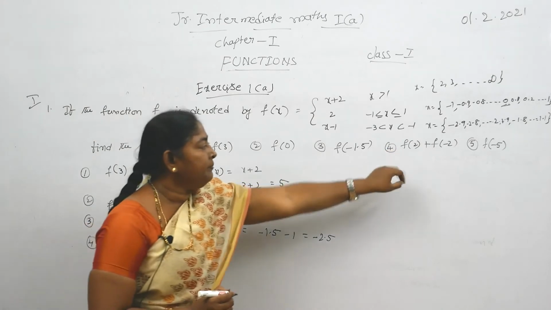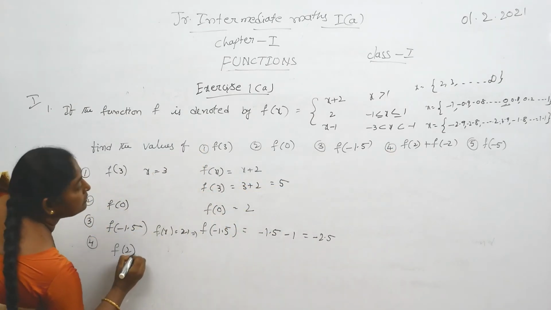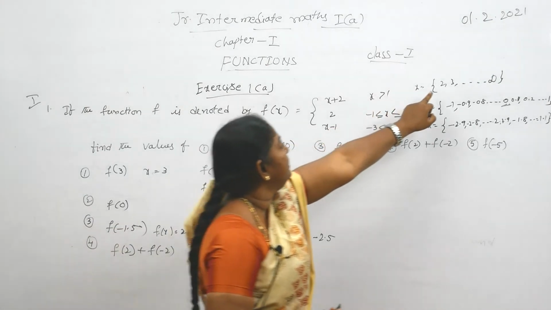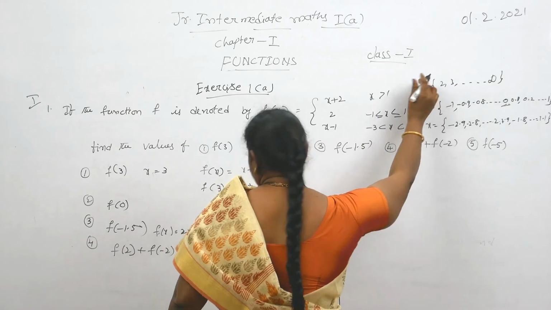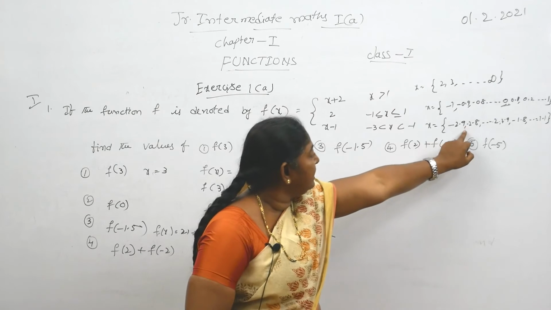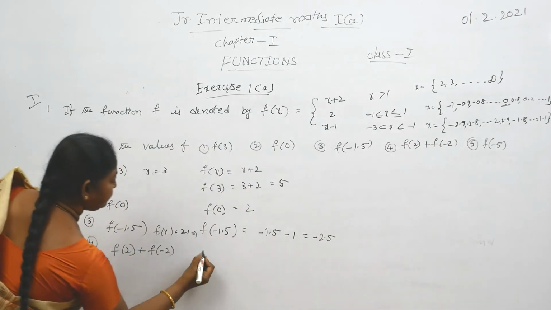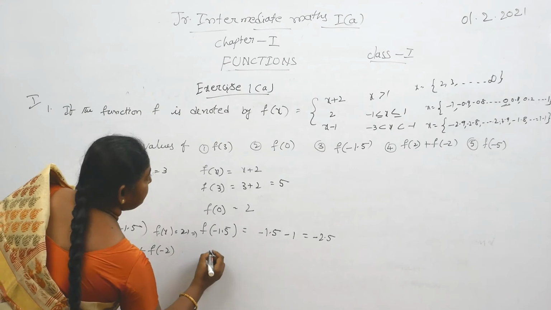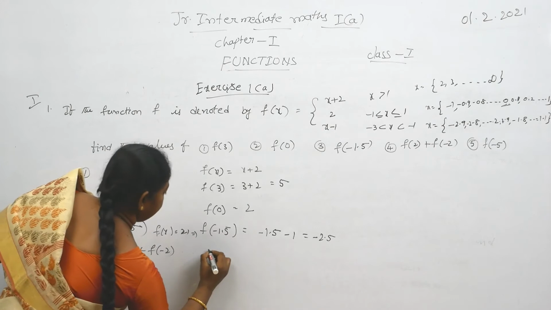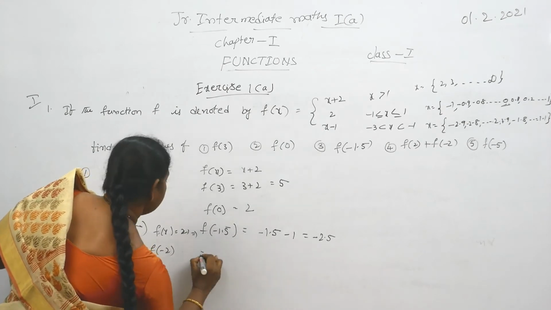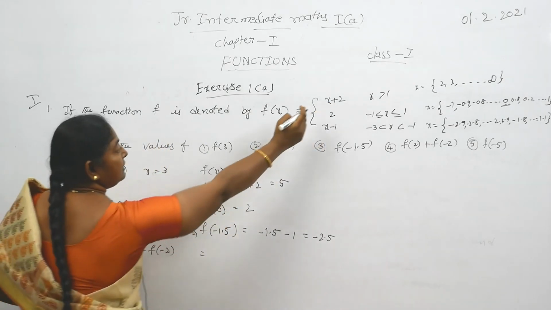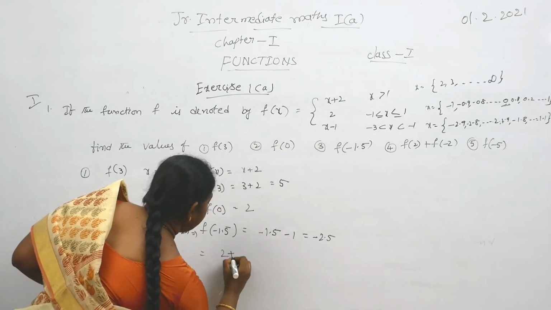Next, fourth problem, f of 2 plus f of minus 2. So 2 means first we have to take the first condition, and minus 2, you have to take the third condition. So f of 2 equal to, first condition, x plus 2, substitute the value: 2 plus 2.